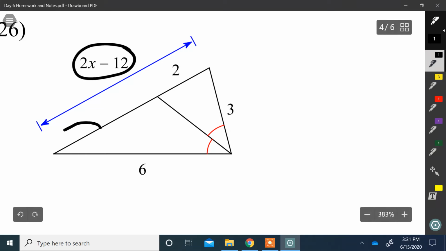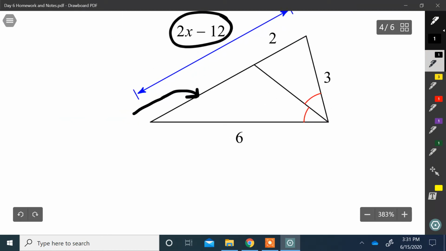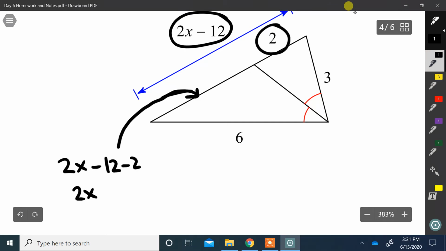This means that this portion right here should be, and let me actually do it on the side here, 2x minus 12 minus this 2. So 2x, negative 12 plus negative 2 is going to be negative 14. So this portion should be 2x minus 14.